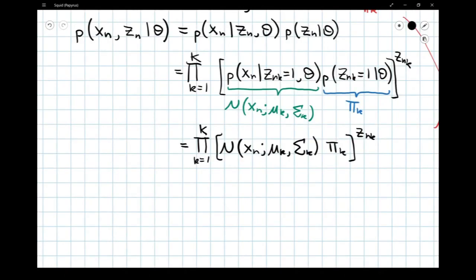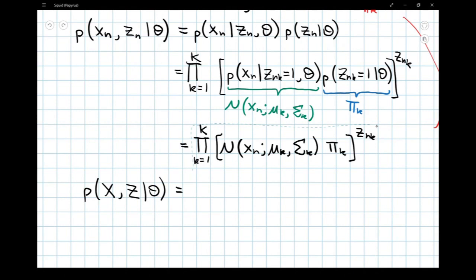Then finally, we note that the probability of generating a particular value xn is independent of all the other x's. Likewise, the probability of generating a particular vector zn is independent of all the other z's. So the probability of witnessing all of our data is this.